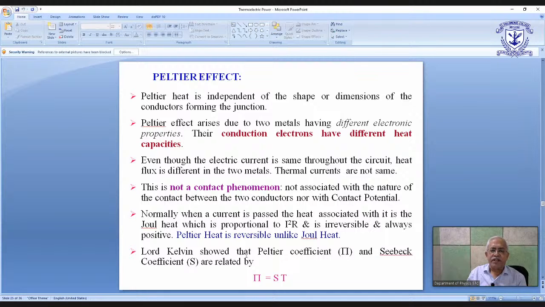In the Peltier effect, you drive a current through the circuit, and this results in a thermal heat flow. Interestingly, Lord Kelvin, who did a lot of work on thermodynamics, showed that the Peltier coefficient is equal to the Seebeck coefficient times the temperature of the material. So this interesting result is due to Lord Kelvin.